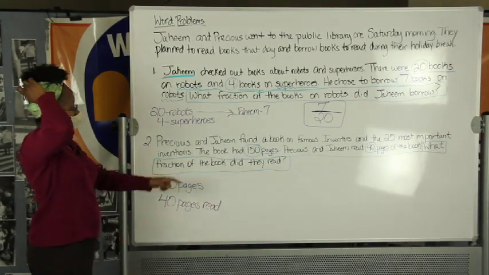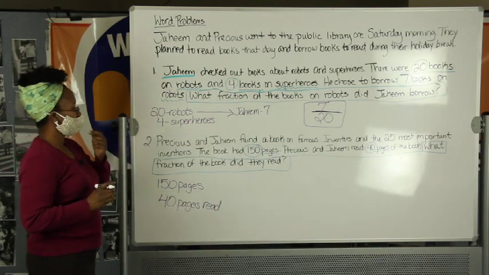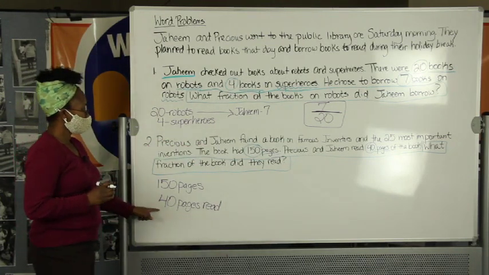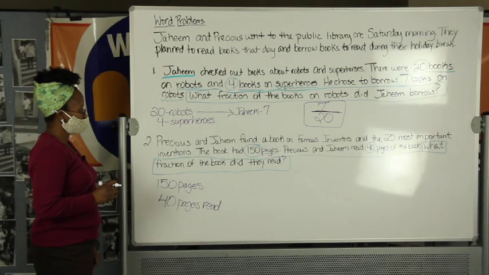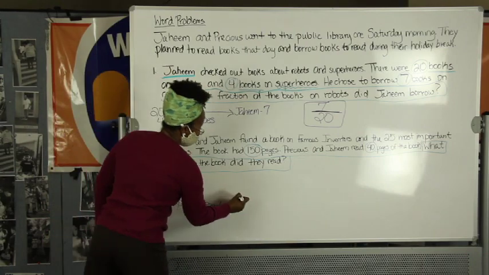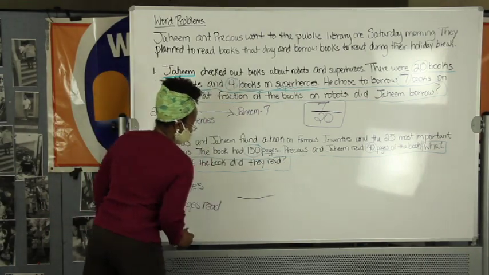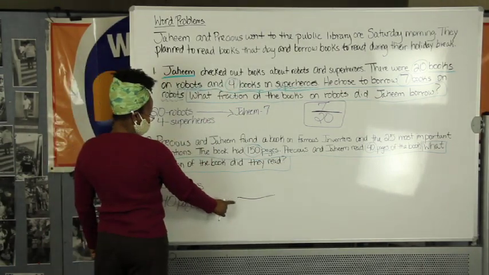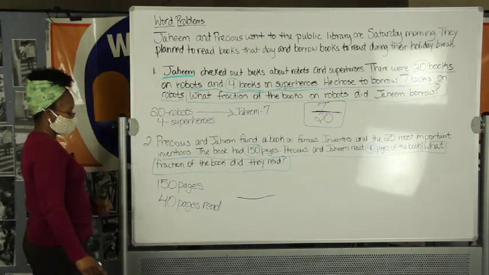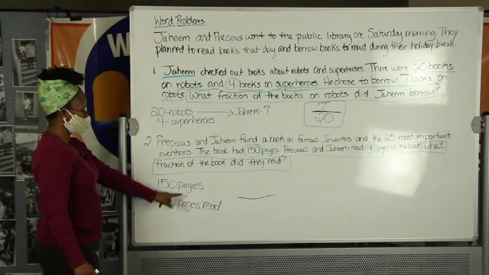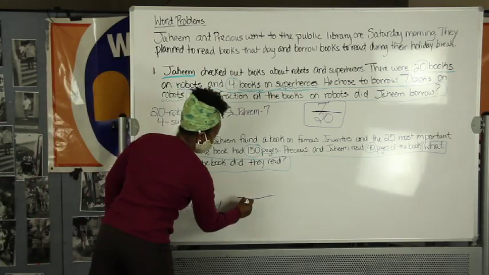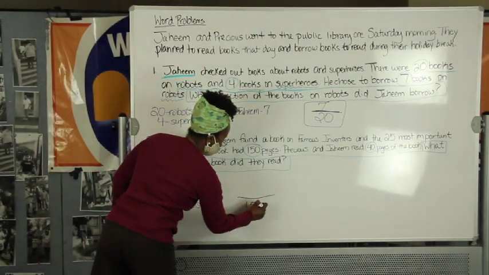That's what we took out of the problem. So now we look at the question, what fraction of the book did they read? So we know that a fraction has at the bottom, the denominator, the total number of parts. And in this case, the total number of parts are going to be pages. So the total pages is 150.